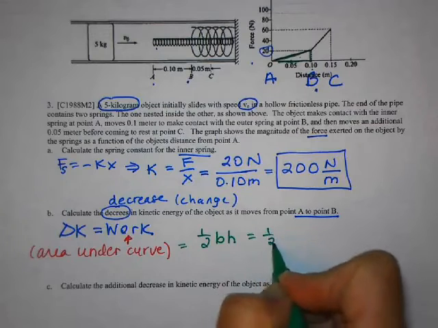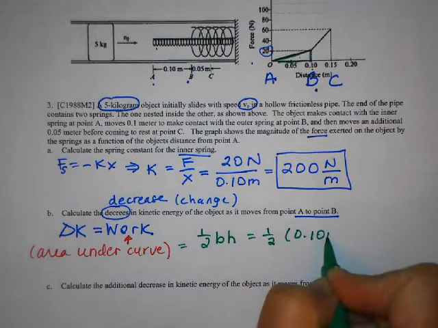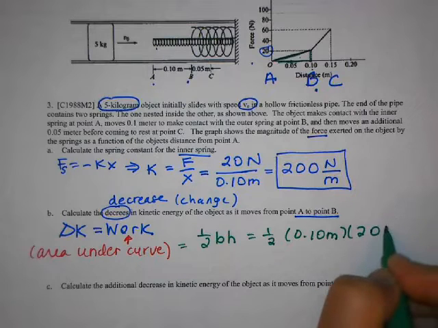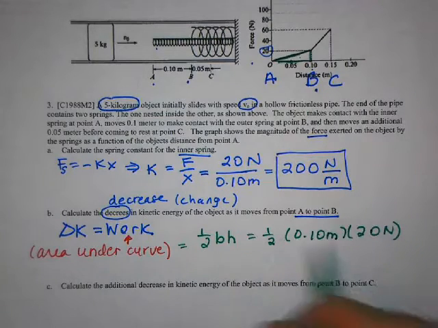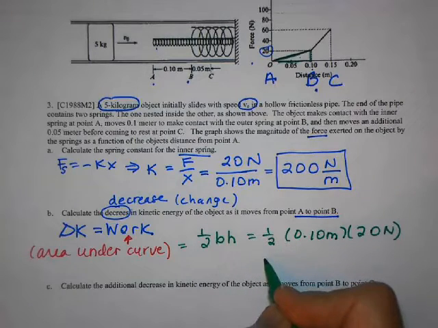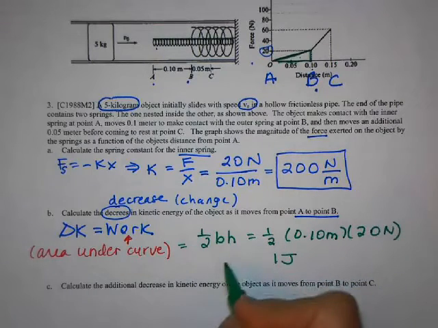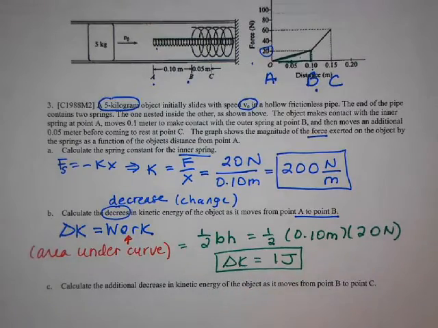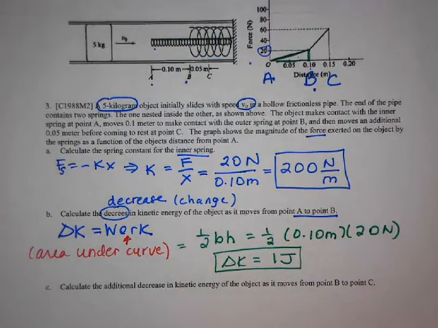So 1/2 of 0.1 meters times 20. That's the height. When we do this, it comes out to be 1 joule. This is all about the work-energy theorem.